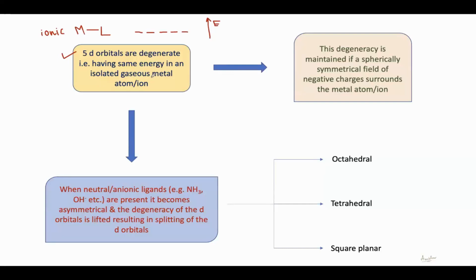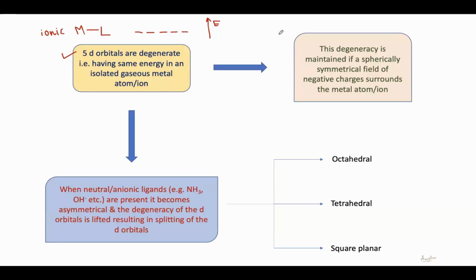Now, in case of an isolated gaseous metal atom or ion, which is isolated, that means it does not fall under the influence of any ligand. Suppose a zinc atom or zinc 2 plus ion is sitting lonely and no other ligand is there. That's when the 5 d orbitals are degenerate. The degeneracy is also maintained if a spherically symmetrical field of negative charges is surrounding the metal atom.